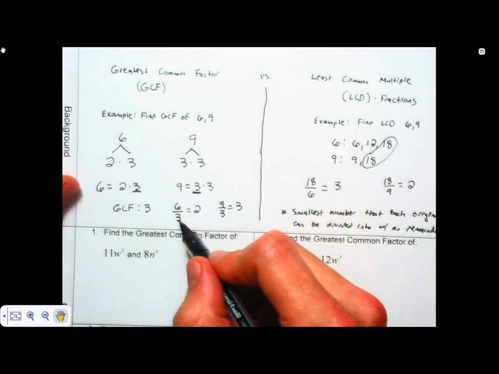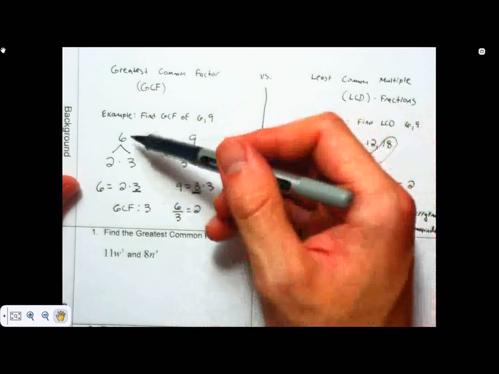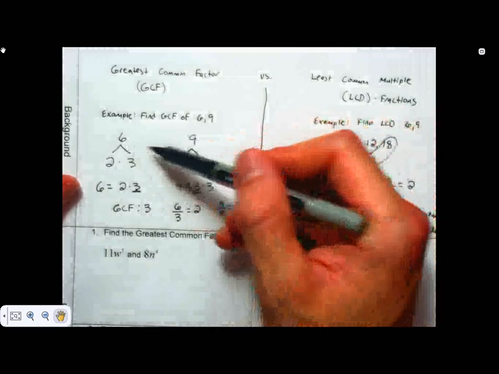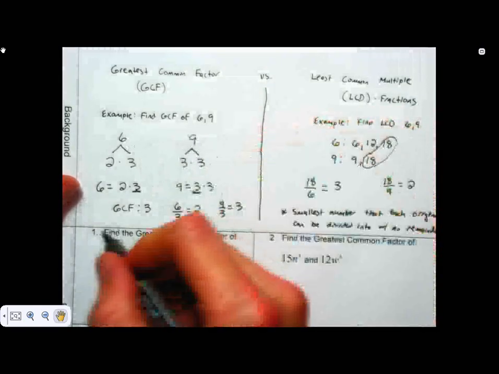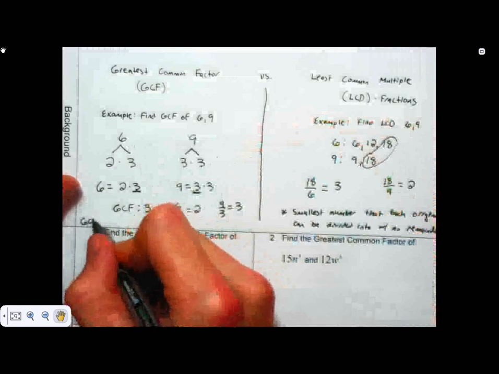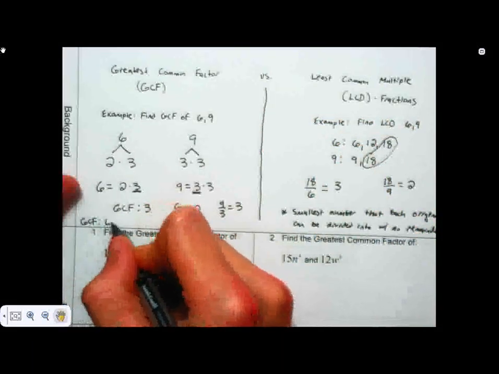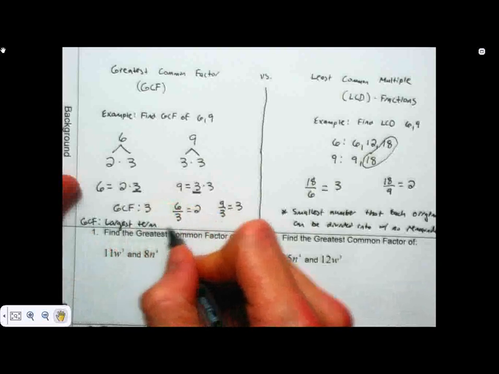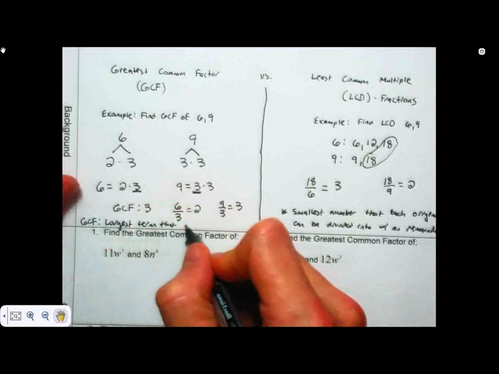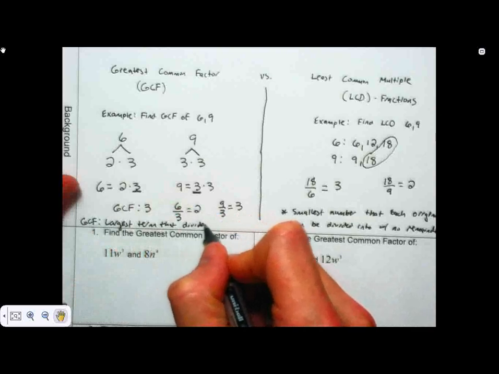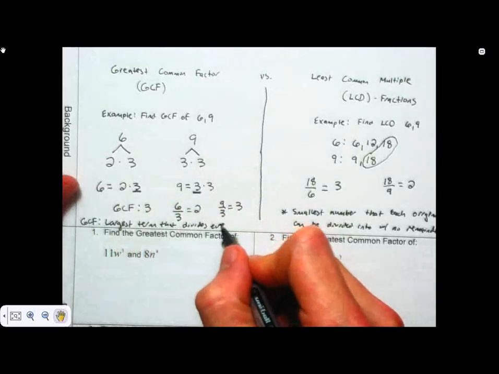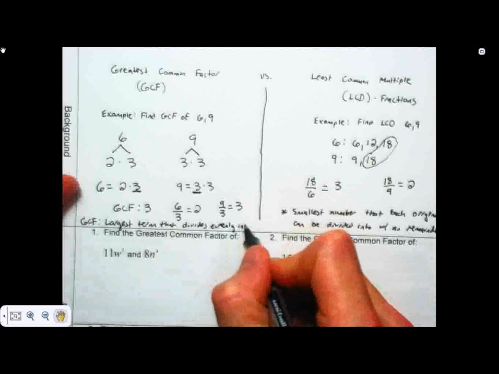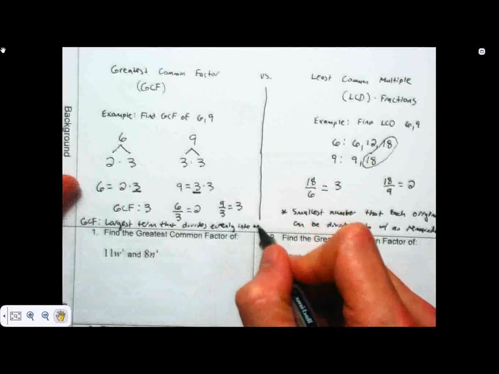And so my greatest common factor is the largest number that divides evenly into both of my originals. And so the GCF is the largest, I'm going to say term, that divides evenly into the originals.